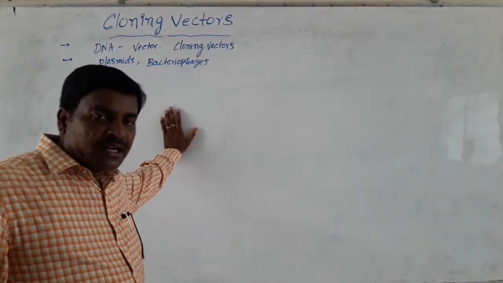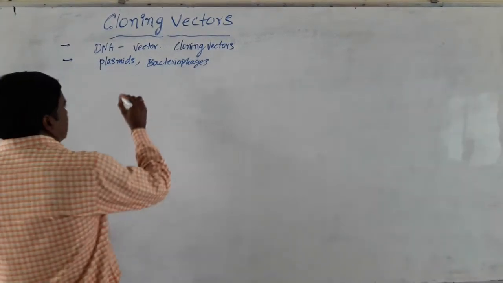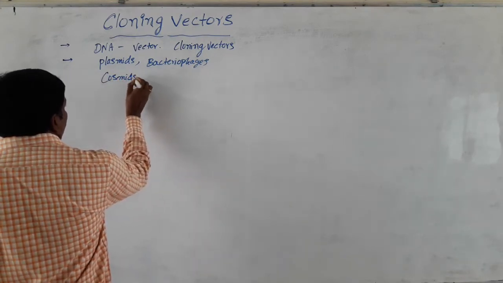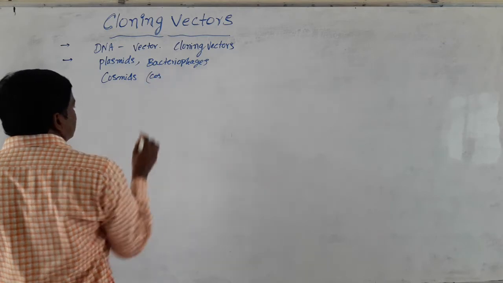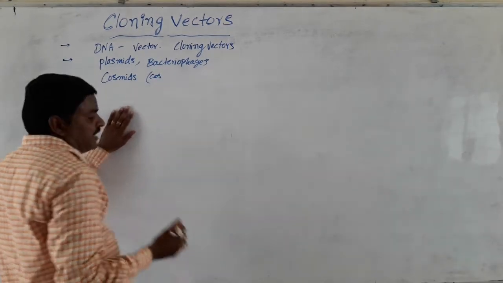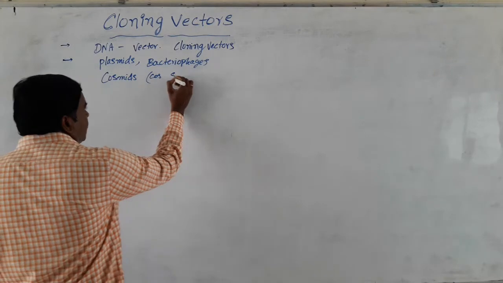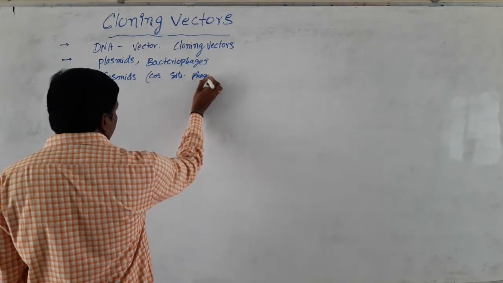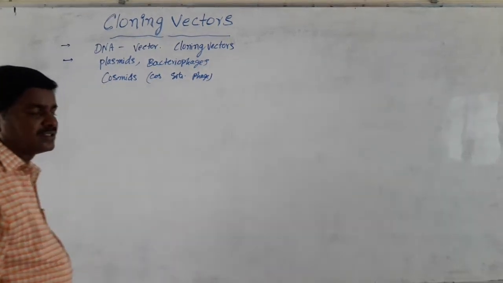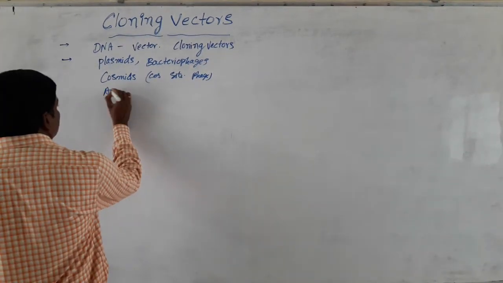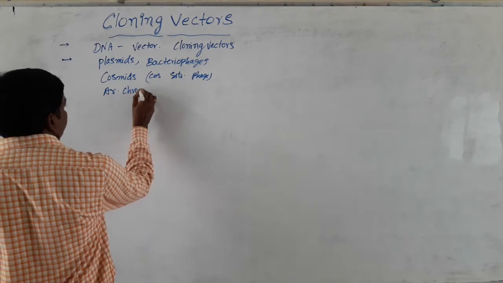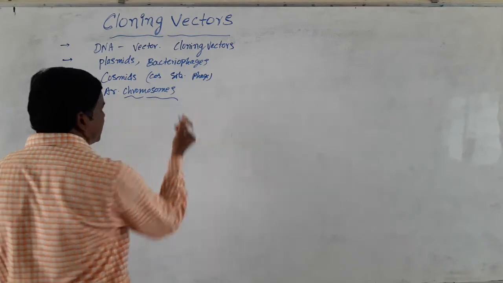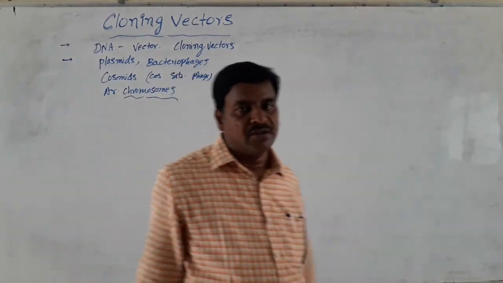Also cosmids, which are plasmids with the cos site of the phage incorporated, and artificial chromosomes. All these can be used as vectors in recombinant DNA technology.